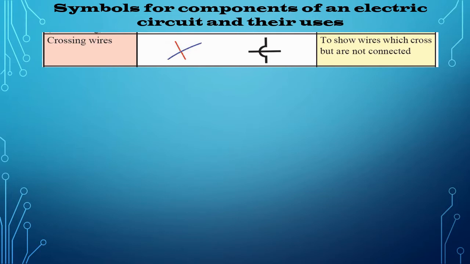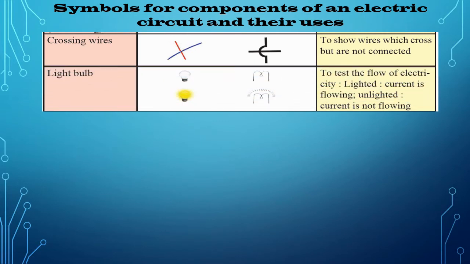they are not connected. The symbol of electric bulb looks like a capital letter M, which actually represents the filament of the bulb. A lighted bulb is represented by drawing small straight lines in semicircular manner.